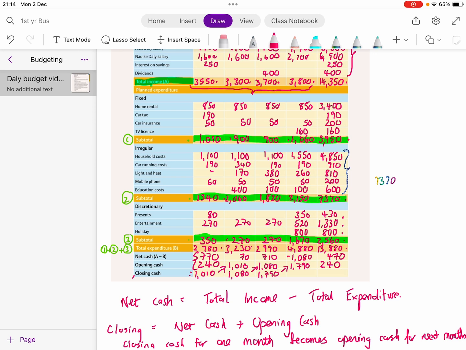So I have 1,790 minus 1,080. That gives me €710. And I'm adding together my 470 plus my 240 over here, and I've ended up with my €710.